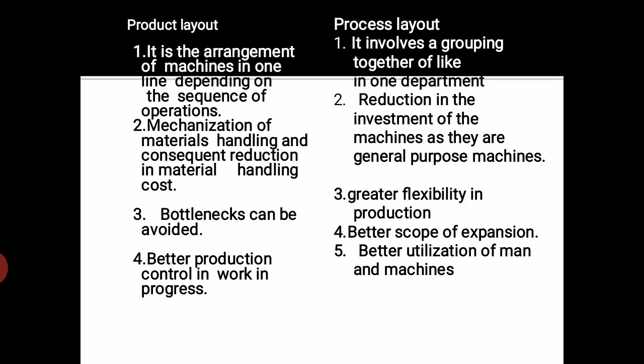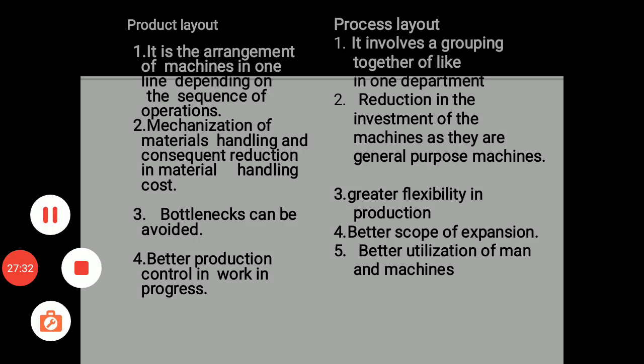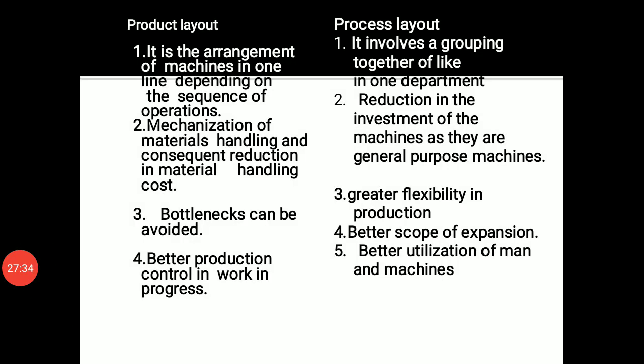Next, better scope of expansion. Whenever you want to use the machines, you can use them. Its capacity can be maximally or optimally utilized. So there is expansion scope. Again, there is better utilization of machines and men. Whatever you are employing, you can make the best out of it, and in that sense it is the best utilization of men and machines that can be done.